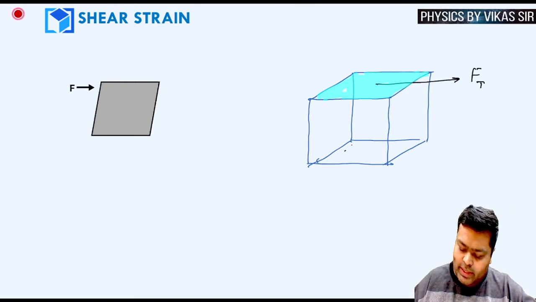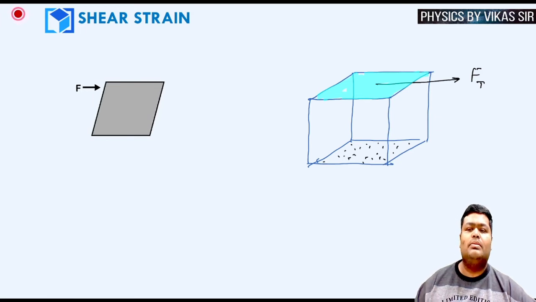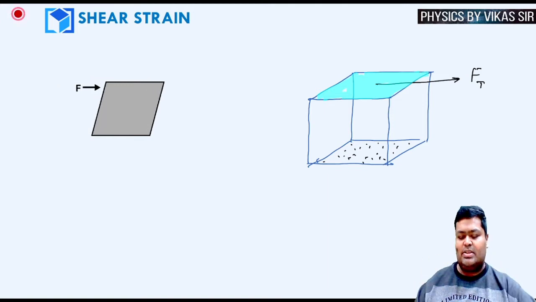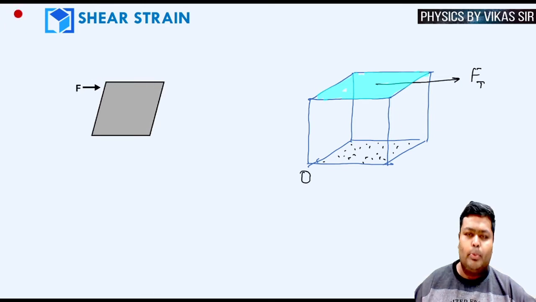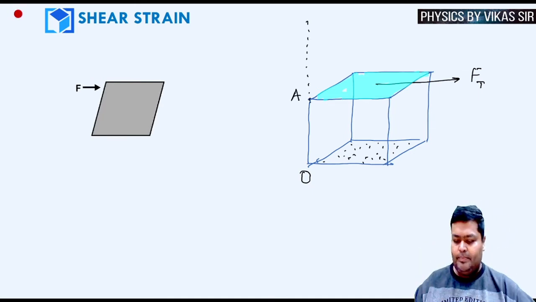Now the lower layer is relatively not moving, the reason being that the force is applied only on the uppermost layer. So there is a change in the shape because of the torque which is applied about this particular point by the action of this force. So this vertical line over here, let's say that is OA, gets rotated.